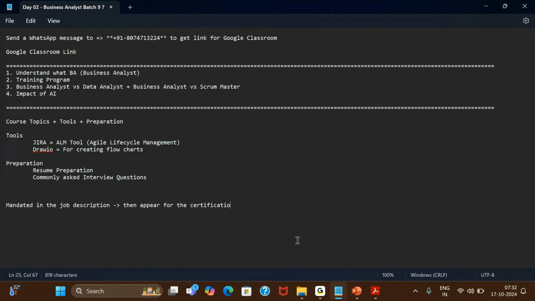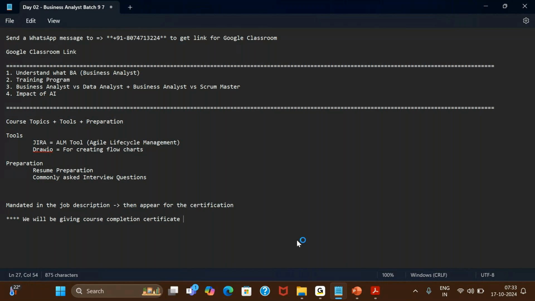Now, from Harsha Trainings, once the course is completed, we will be giving a course completion certificate from our side, which indicates that you have attended the BA training program for so and so duration, with your name printed on it.